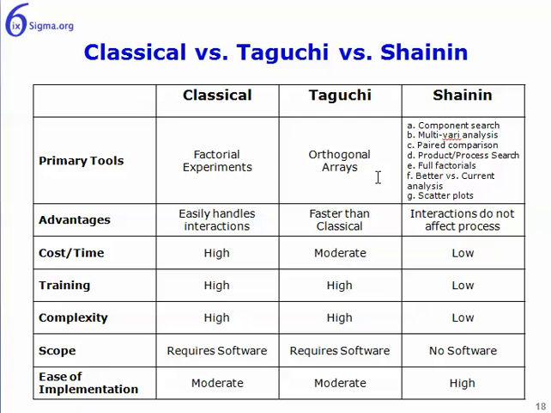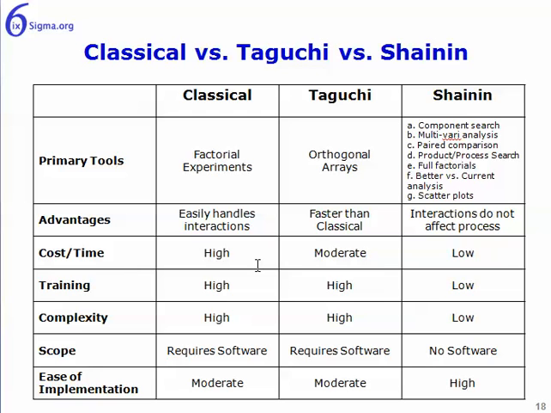So you've got orthogonal arrays, and then over on the Shannon side of the house, the tools are just a somewhat eclectic but nonetheless effective collection of different tools and techniques, and you can see them here. The advantages are that classical really does handle the interactions very well. Taguchi is quite quick. In Shannon, one of the assumptions is that interactions don't affect the process, although there is some accommodation for seeking out interactions.